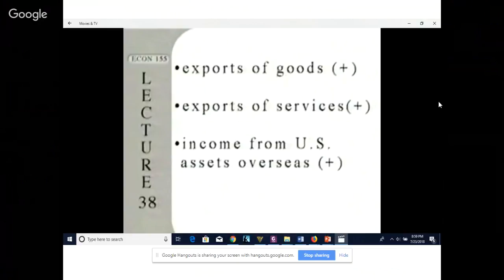Every month he will collect the rent, but he's an American. He just bought a house in China. He will collect his monthly payments. So that is income from USA's assets overseas. So that's going to be a credit again. So these three are considered credits. And that's why we have this positive sign.